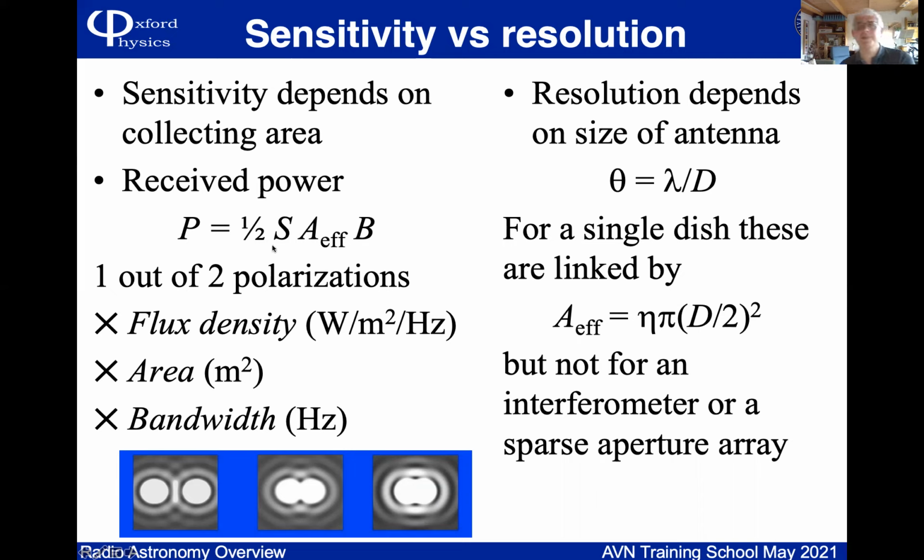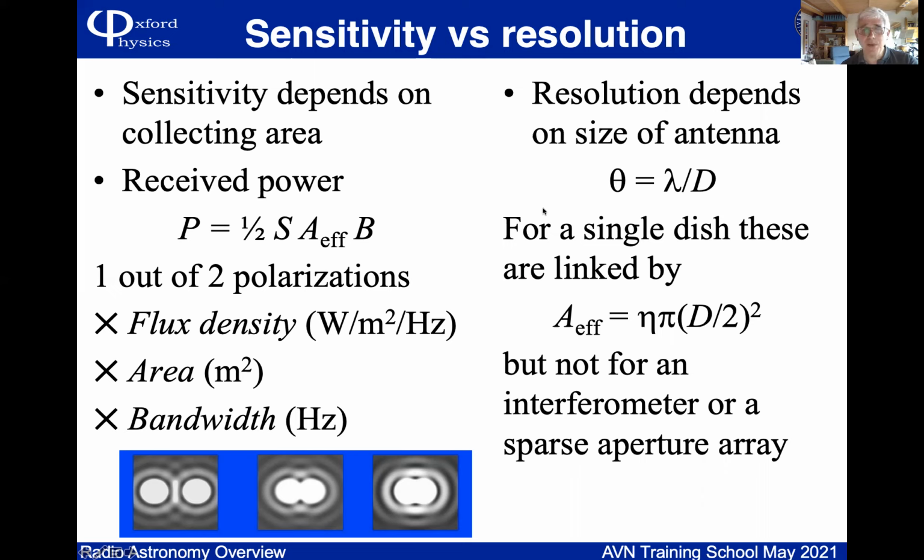We'll talk about the difference between brightness and flux density later. And that's collected over some area. The resolution, whether you're able to resolve fine detail, depends on the size of the antenna as well.